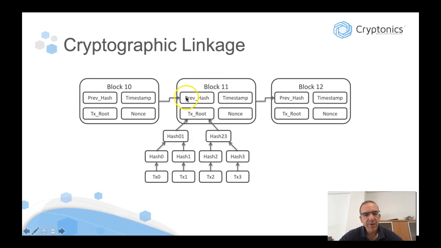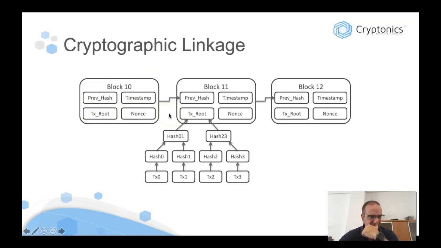But anyway, the block itself has this very important field, which is the hash of the previous block. So in this example here, block 11 has the link to block 10 by including the hash of the block header.